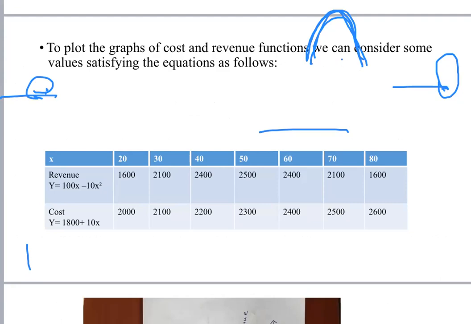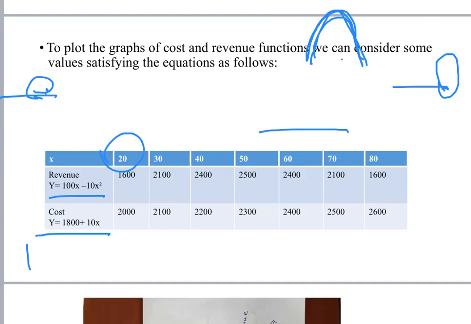In here you can see this is our revenue function. This is the cost function. If our x equals 20, we need to substitute 20 instead of x in the revenue function.